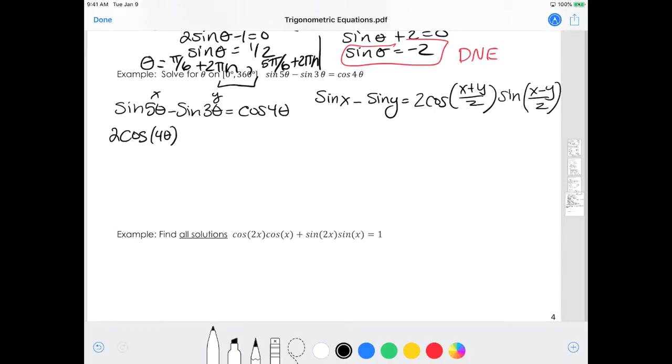And then I have times sine of x minus y over 2, so that's 5 theta minus 3 theta, which is 2 theta, divided by 2, which is just theta.